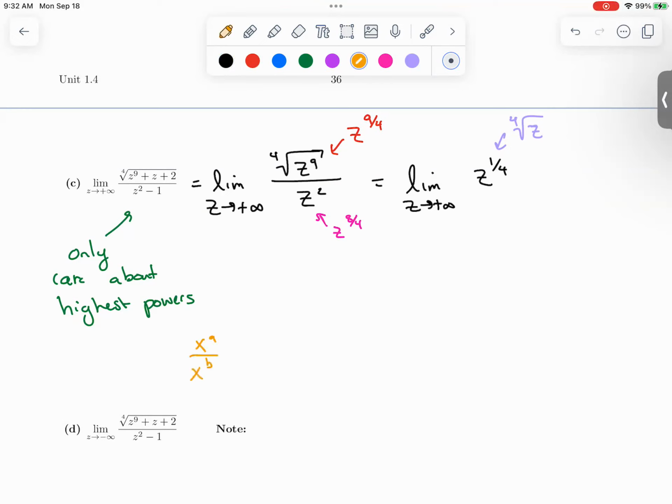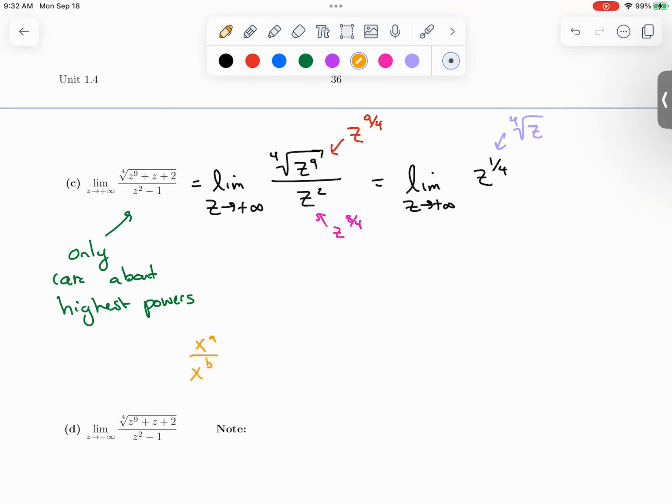So up here you get z to the 9/4 minus 2, but I'm going to rewrite that with a common denominator. So I multiply the 2 by 4/4. That's where I get the 8/4. So z to the 9/4 minus 8/4 is where I get that z to the 1/4.